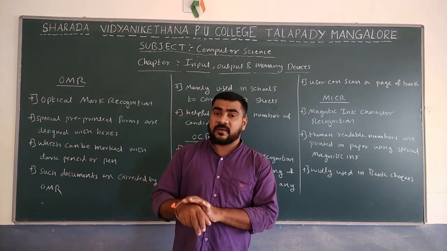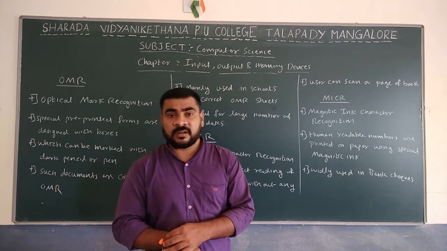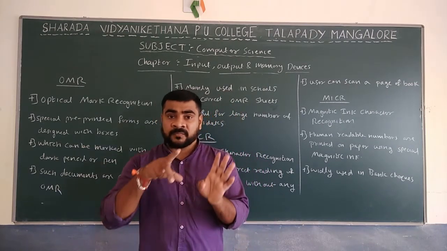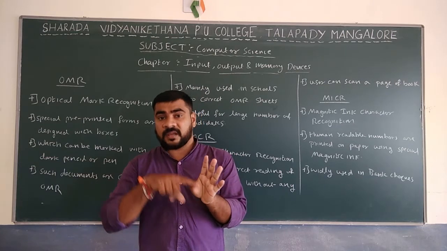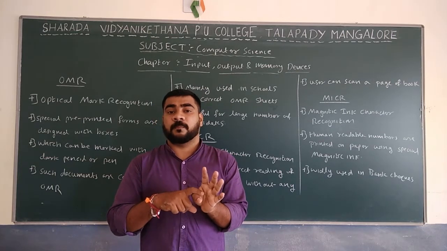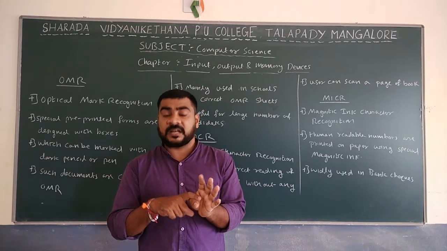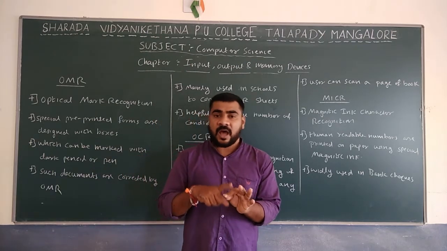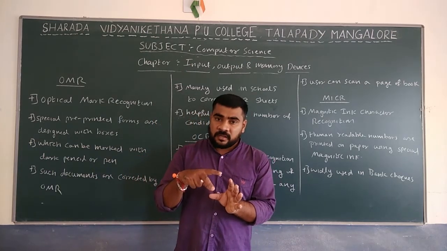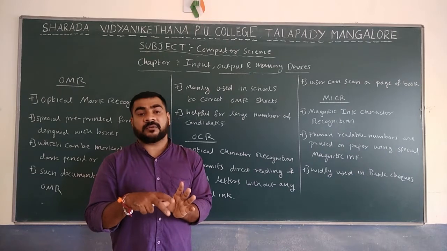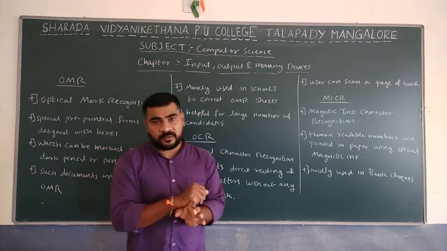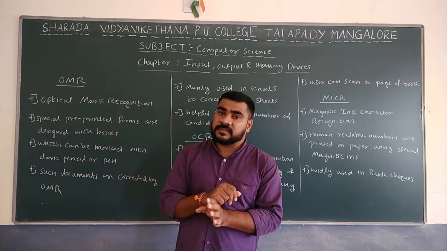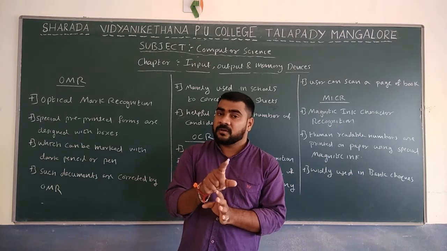Soft copy means data stored in the system's memory. Data present on paper is known as hard copy. So a scanner or OCR will convert hard copy to soft copy.